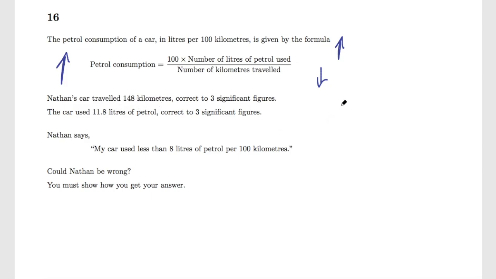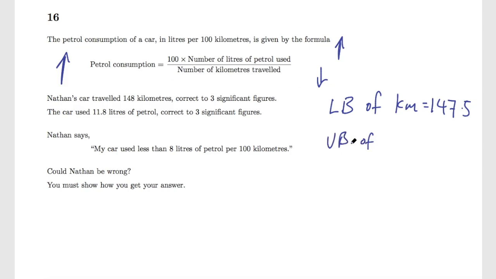So we can say that the lower bound of kilometers is equal to 147.5. So that to 3 significant figures, that would round to 148.